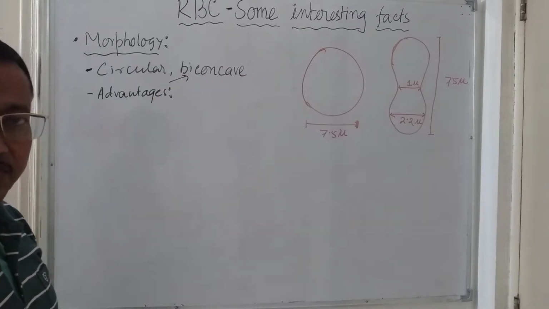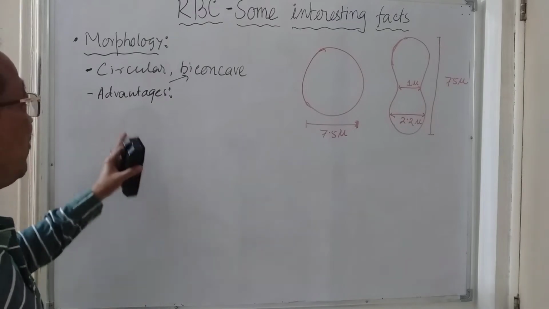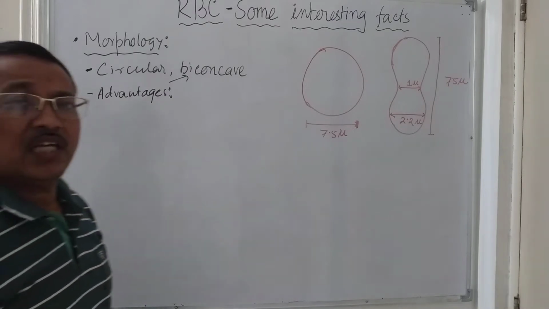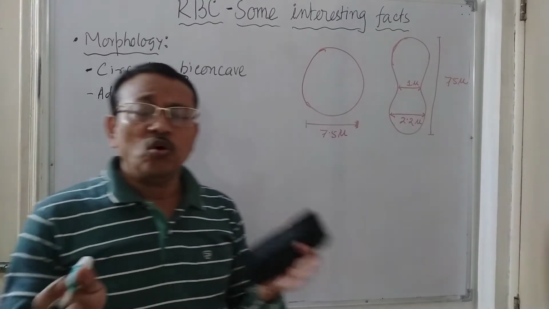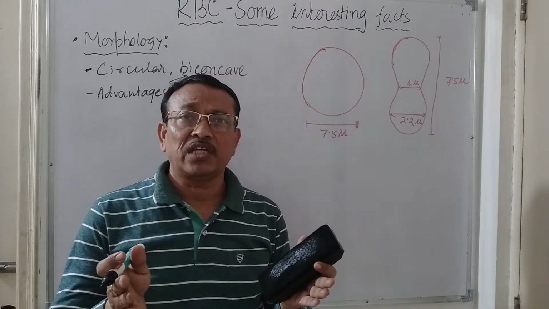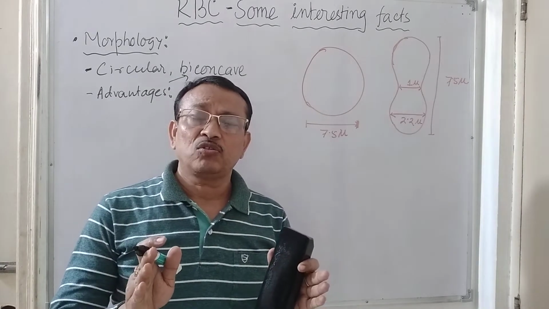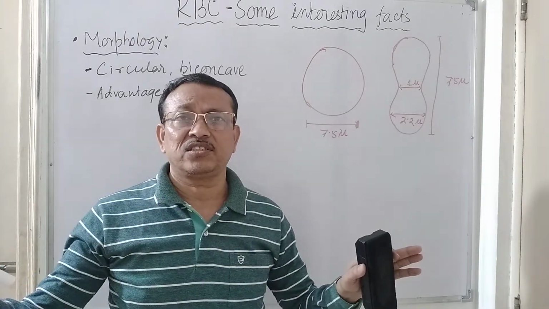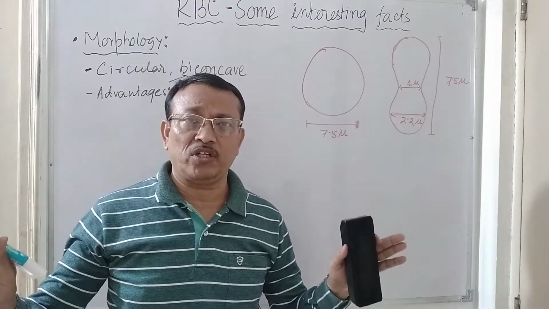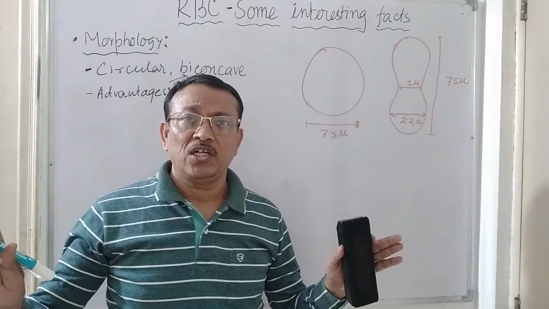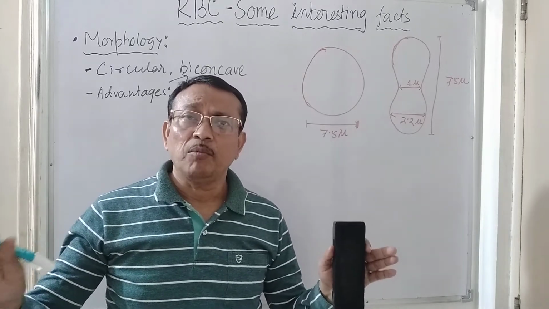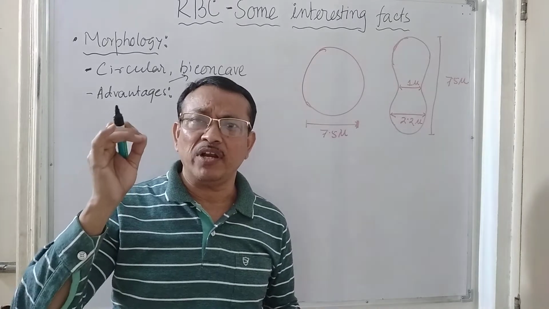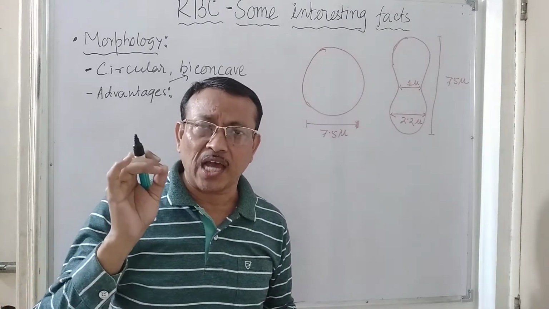What are the advantages? First advantage is that you know that blood has to flow to the entire body cells, entire tissues of the body, and this is done with the help of very narrow blood capillaries.